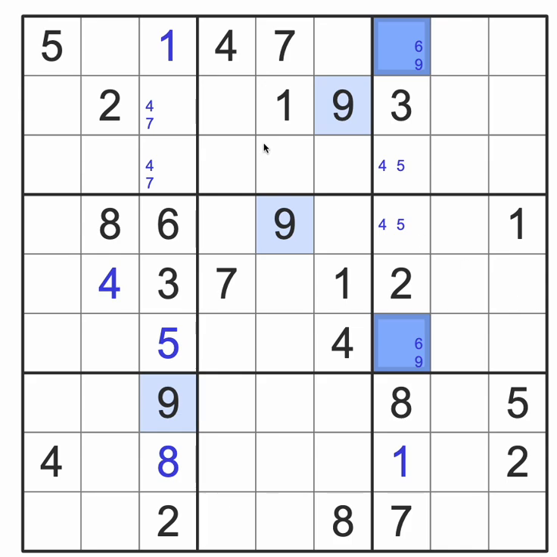And that means I can place 1 in box 3. 1 in box 1 blocks these, 1 in box 2 blocks these, 1 in box 6 and box 9 will block this, and this cell gives me 1 here.